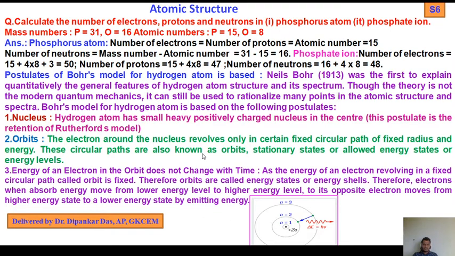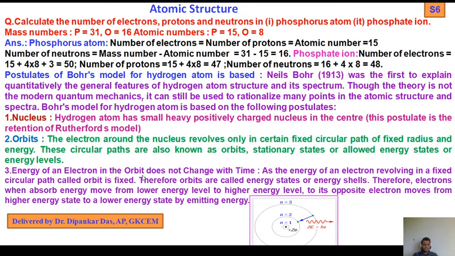These circular paths are known as orbits, stationary states, allowed energy states or energy levels: N1, N2, N3.